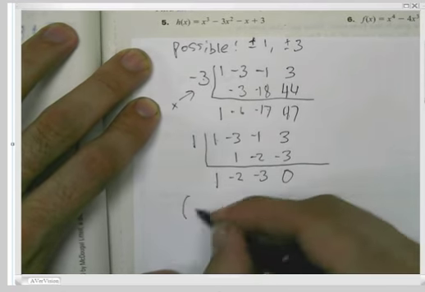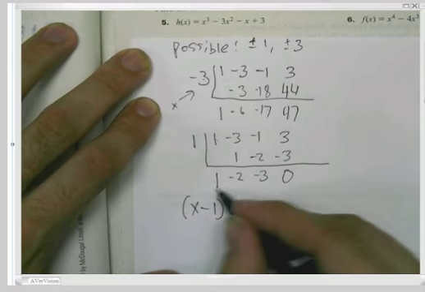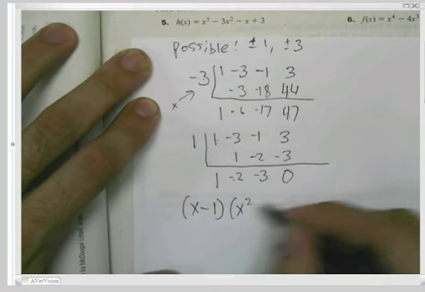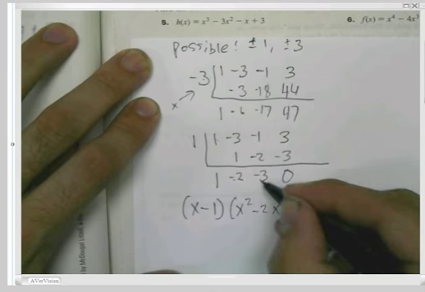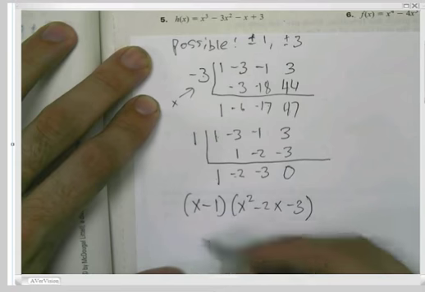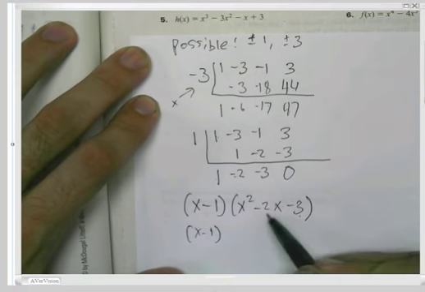So we know we're going to have x minus 1. And then we take this, x squared minus 2x minus 3. Now I know that this turns into x minus 1, and what multiplies to negative 3 and adds to negative 2?